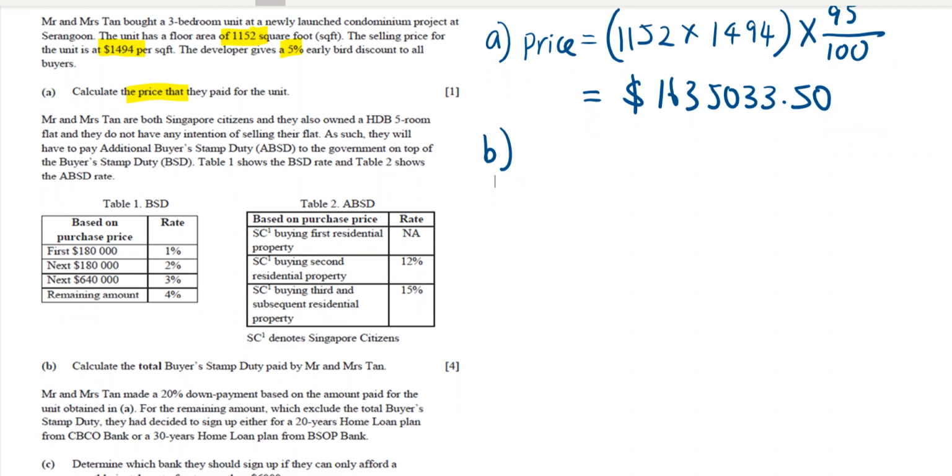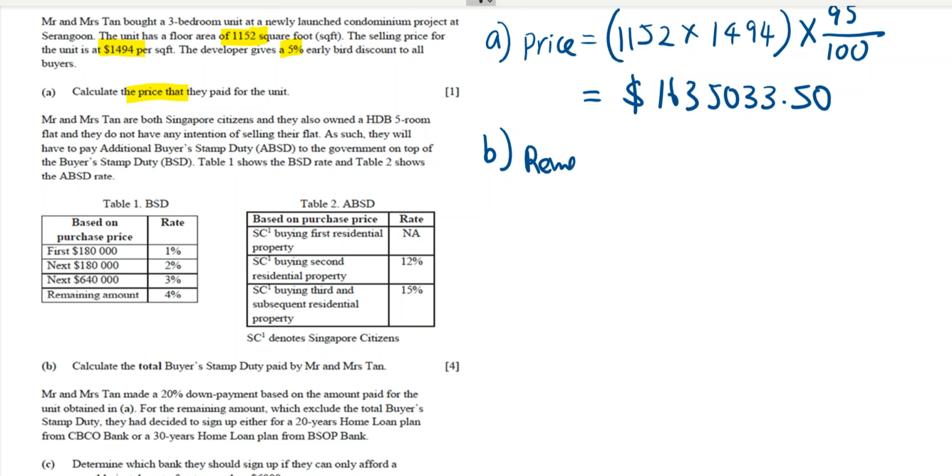So for this condominium, there is 1.6 million. First, you have to pay the BSD. In the BSD, they say that the first 180,000 is 1%, next 180,000 is 2%, and the next 640,000 is 3%. So we must find what is the remaining amount first.